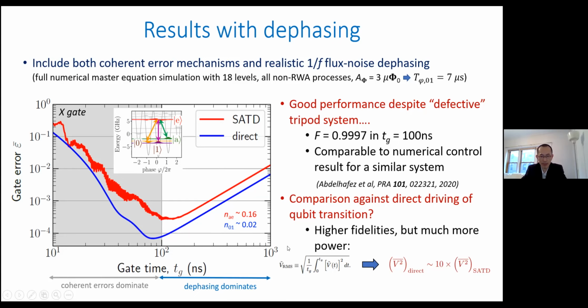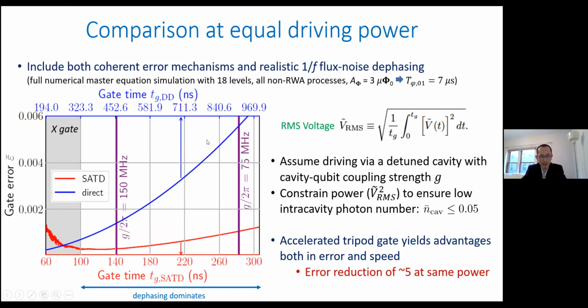Now, we can make the comparison a little bit different by comparing the two errors using the same power constraint. So what we have here is the gate time for the SATD, or the tripod gate, and on the top here we have the gate time for the direct driving, which have the same power.